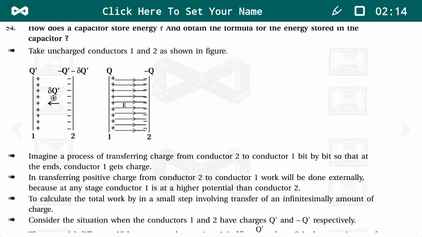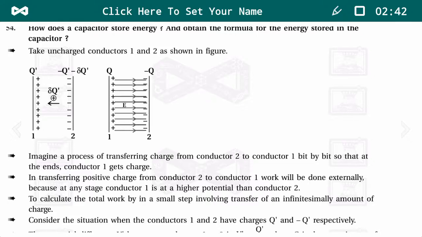I told you that when you are sending the charge from the negative charge plate to the positive charge plate, you have to do some kind of work, because the positive charge can oppose the charge which is coming towards the plate. So you have to apply force to move it.